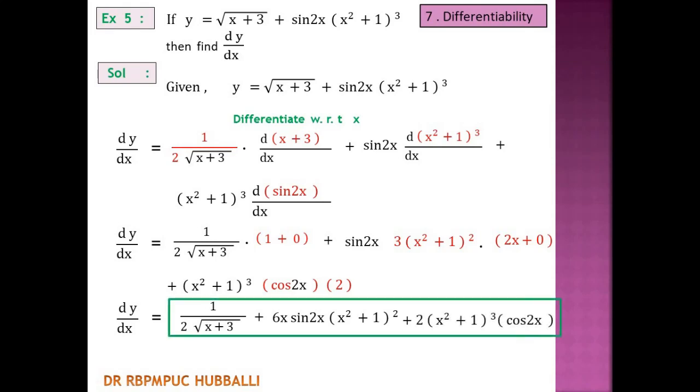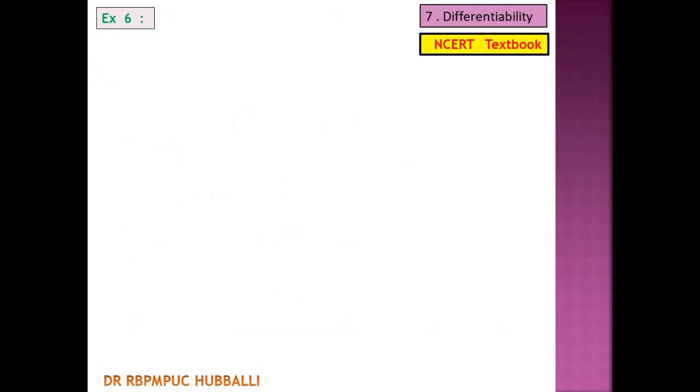So this function is the derivative of the given example. So in this way we follow the rules of the derivative and we write the derivative for the given function. Now take another example.